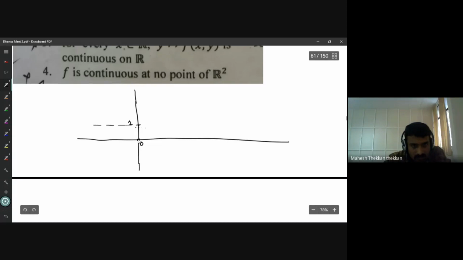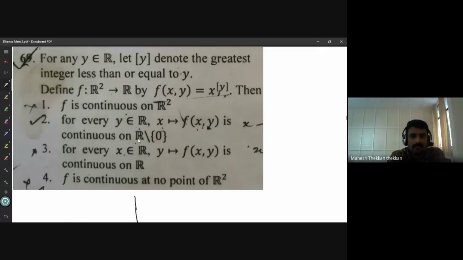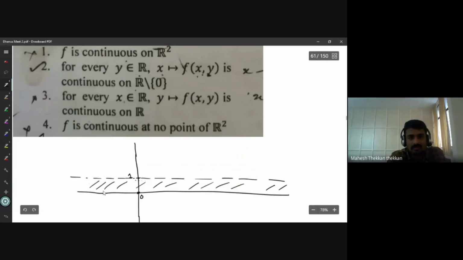I don't include this boundary. I'm looking at all this region. Can someone tell me what the function value is in this region?